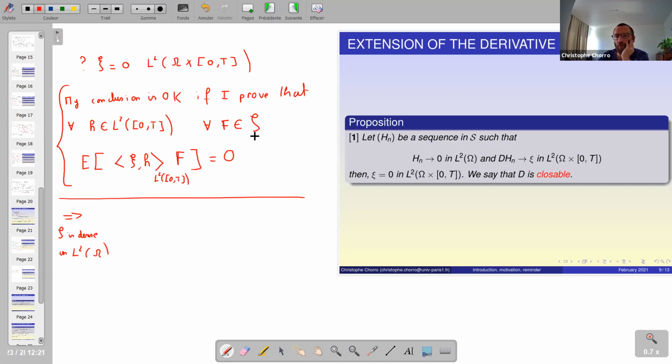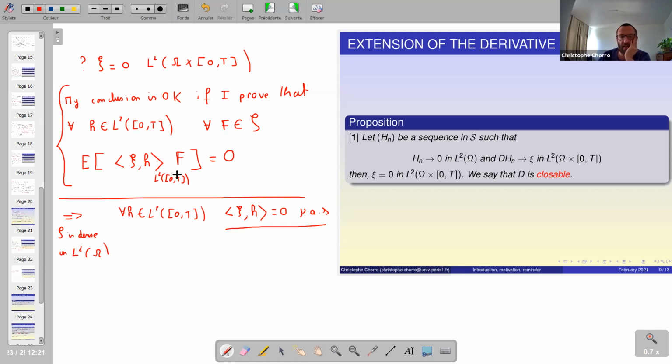So its closure is equal to all L2 of omega. So by density, if I have this for any F, it implies that for all H belonging to L2 of 0 capital T, I have that C of H is equal to 0 in L2 of omega, that is equal to 0 mu almost surely for any H.